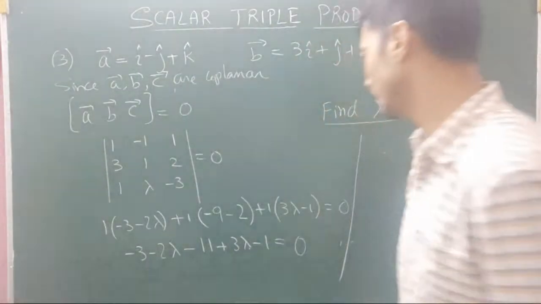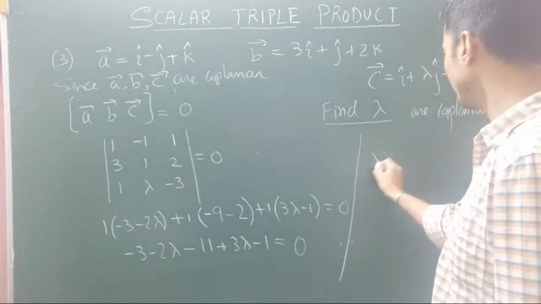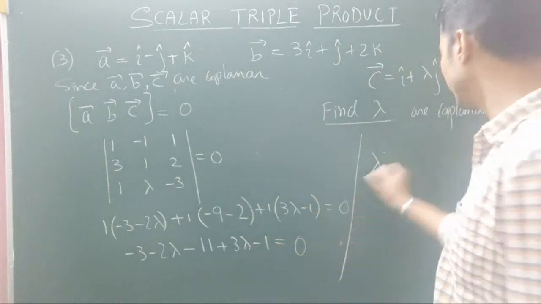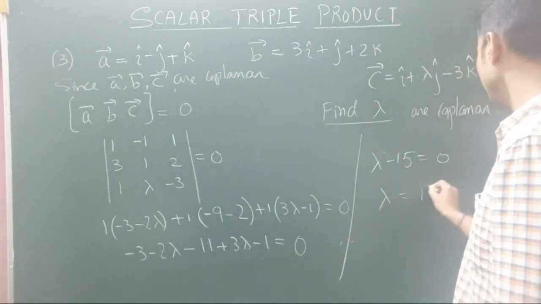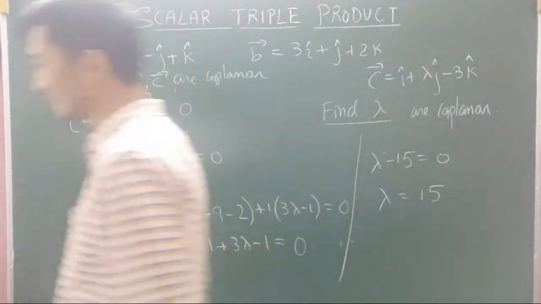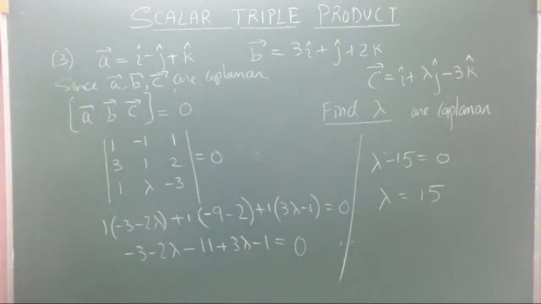So that would be lambda minus 15 is equal to 0. So lambda will be 15. The value of lambda should be 15 so that the given vectors are coplanar.